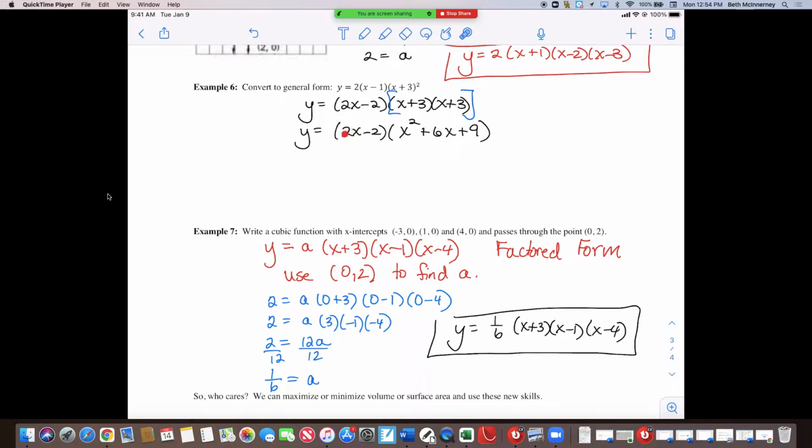I'm going to take 2x times the trinomial, and then I'm going to take the minus 2 times the trinomial. Again, I'm taking the 2x times the trinomial, and the minus 2 then times the trinomial. Then we'll collect like terms.